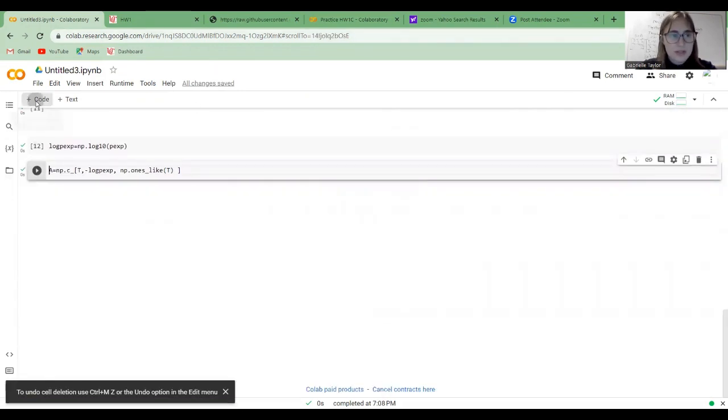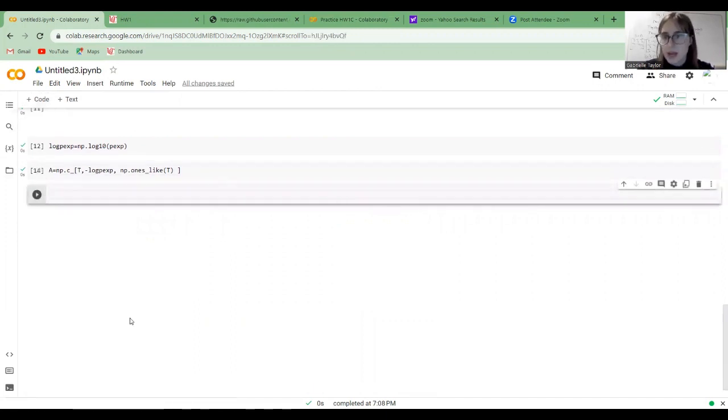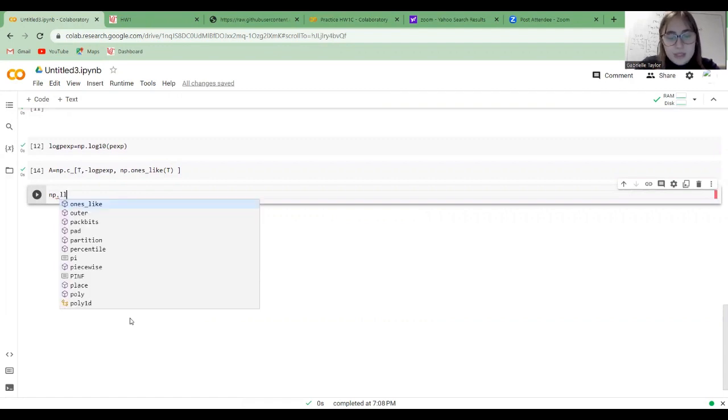So after we have our 1s, what we're going to want to do is multiply both sides by our A transpose. So what we're going to do is np dot linear algebra dot solve.